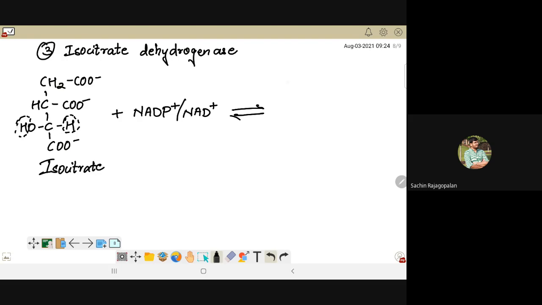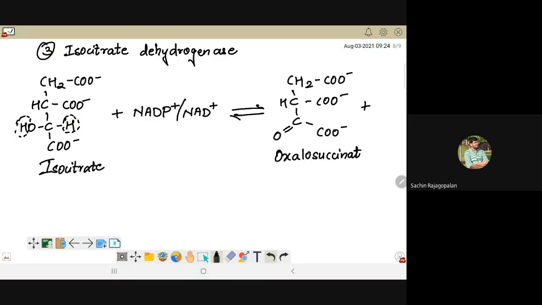So if I remove both of those, what I get is CH2, COO minus, CH, COO minus, C double bond O, COO minus. You can see that all these are still tricarboxylic acids. Isocitrate has 3 carboxyl groups and this product that is formed also has 3 carboxyl groups. This product is what we call oxalosuccinic acid, also called oxalosuccinate.